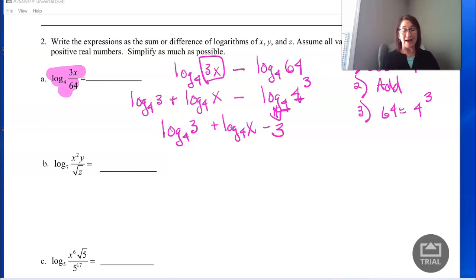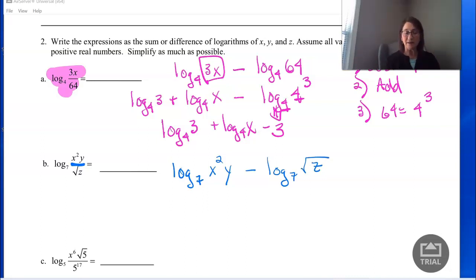All right, let's look at this next one. We'll use a different color. This one's a little bit more interesting. Again, we've got a fraction bar, so whatever is in the denominator is going to be subtracted. Let's make that our first step: log base 7 of x squared y minus log base 7 of the square root of z.